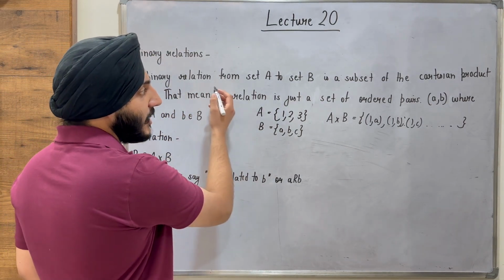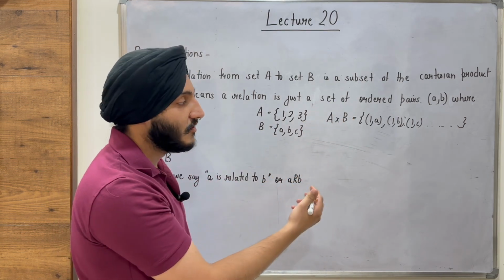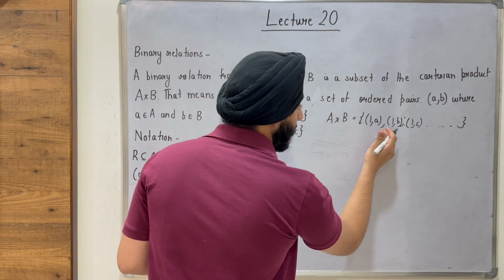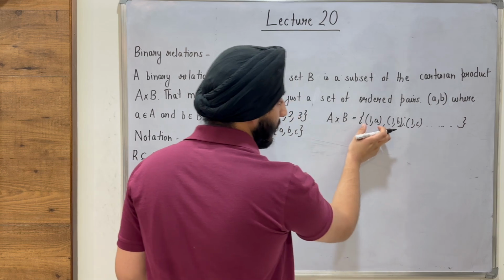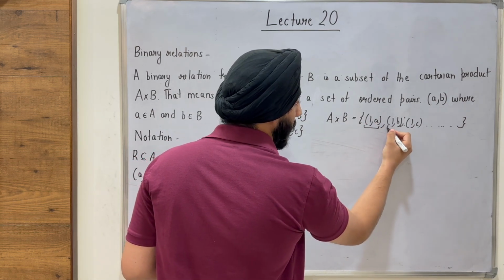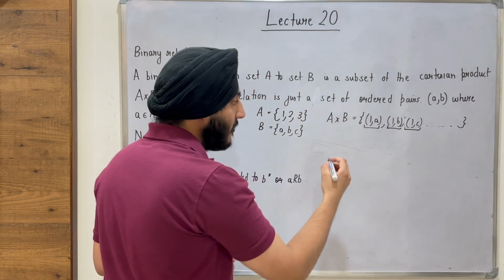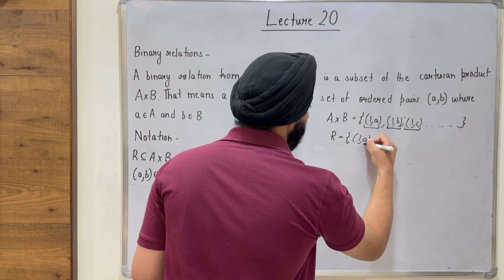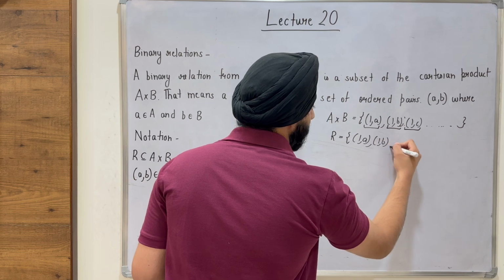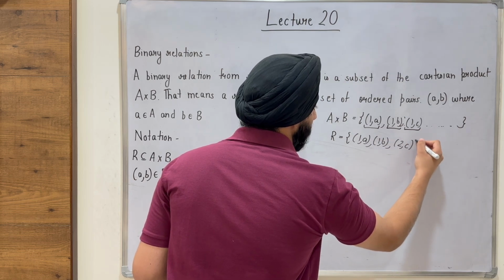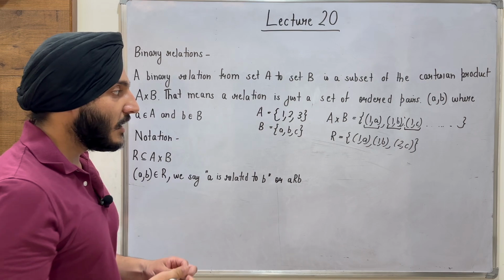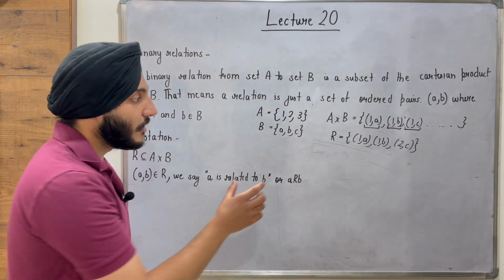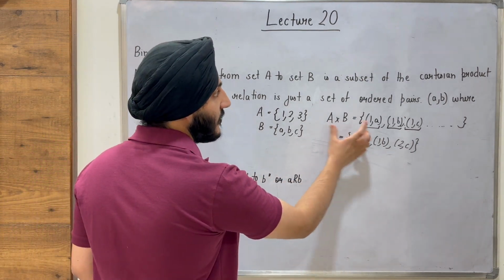And the binary relation is going to be a subset of the Cartesian product. Let's say I take a subset, maybe the relation is (1, a), (1, b), and let's say (2, c). So there could be a relation which is a subset of the Cartesian product.